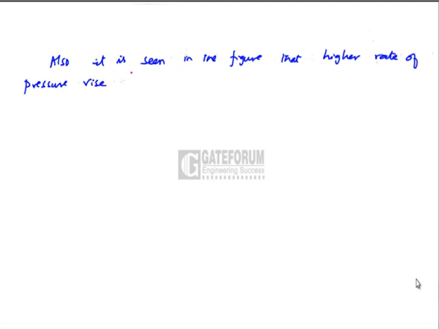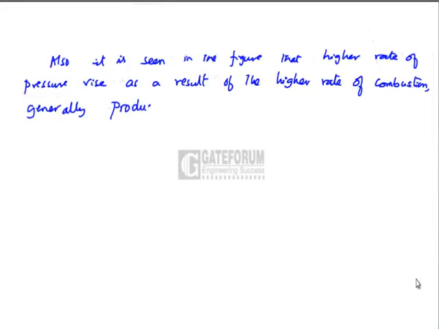Also, it is seen in the figure that a higher rate of pressure rise, as a result of the higher rate of combustion, generally produces higher peak pressures at a point closer to TDC.